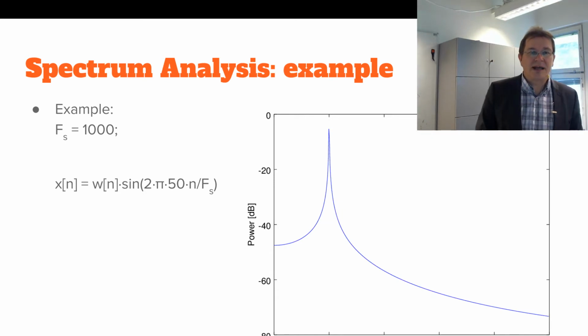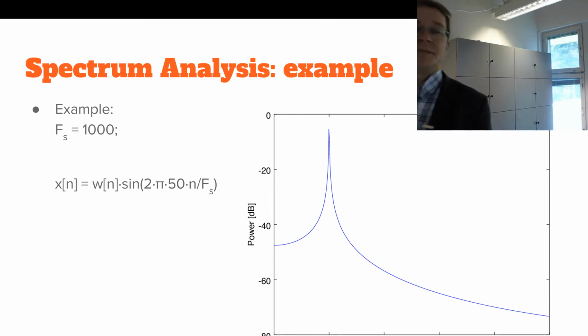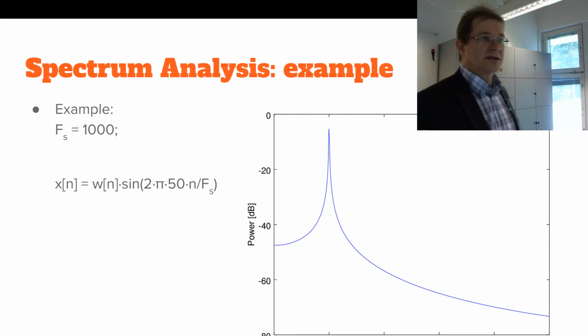There is an example of spectrum analysis, and again we have power in decibels. That's basically a window function times a sine of 50 Hertz. And why do I have that window function there?